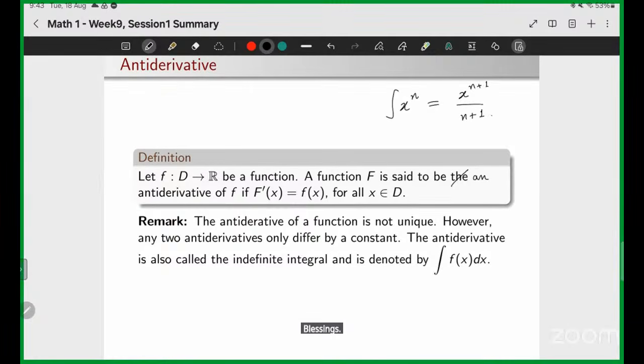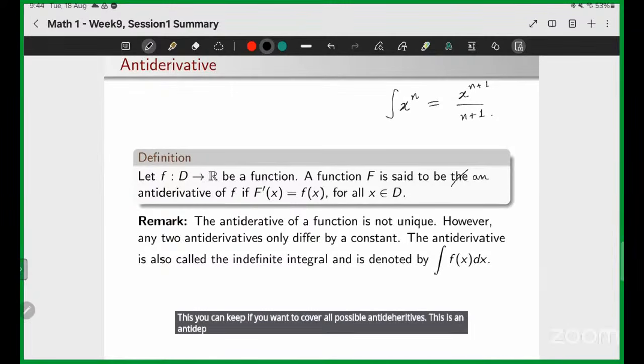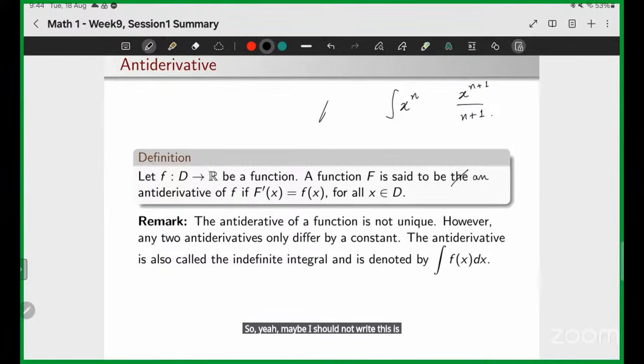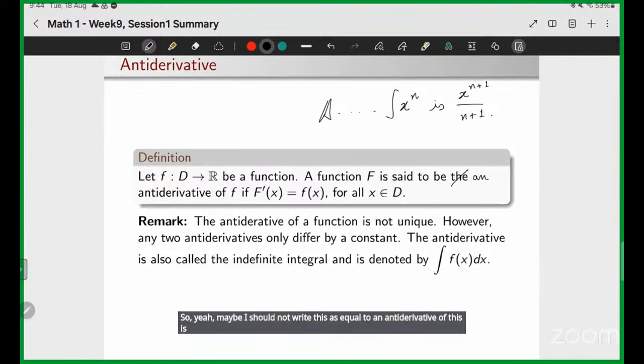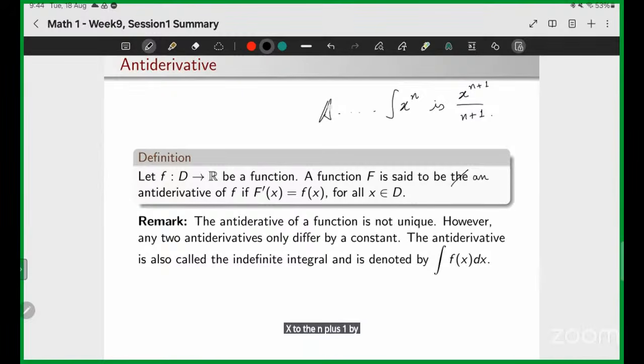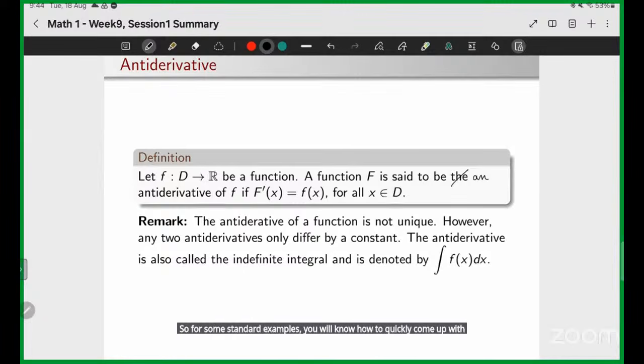Yeah, this is an antiderivative. This you can keep if you want to cover all possible antiderivatives. So maybe I should not write the equal sign: an antiderivative of x to the n is x to the n plus 1 by n plus 1. So for some standard examples, you will know how to quickly come up with an antiderivative.